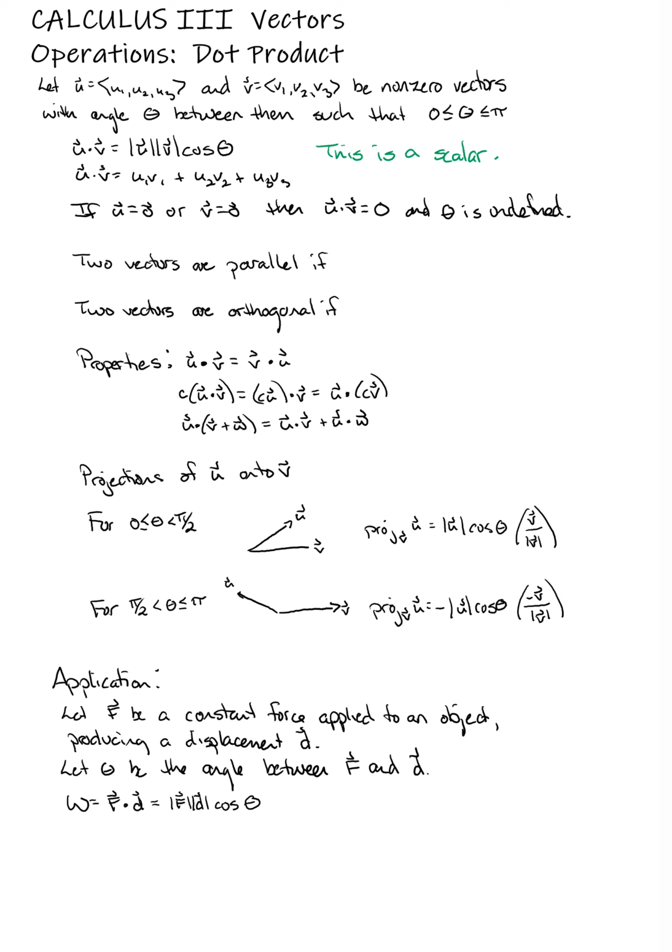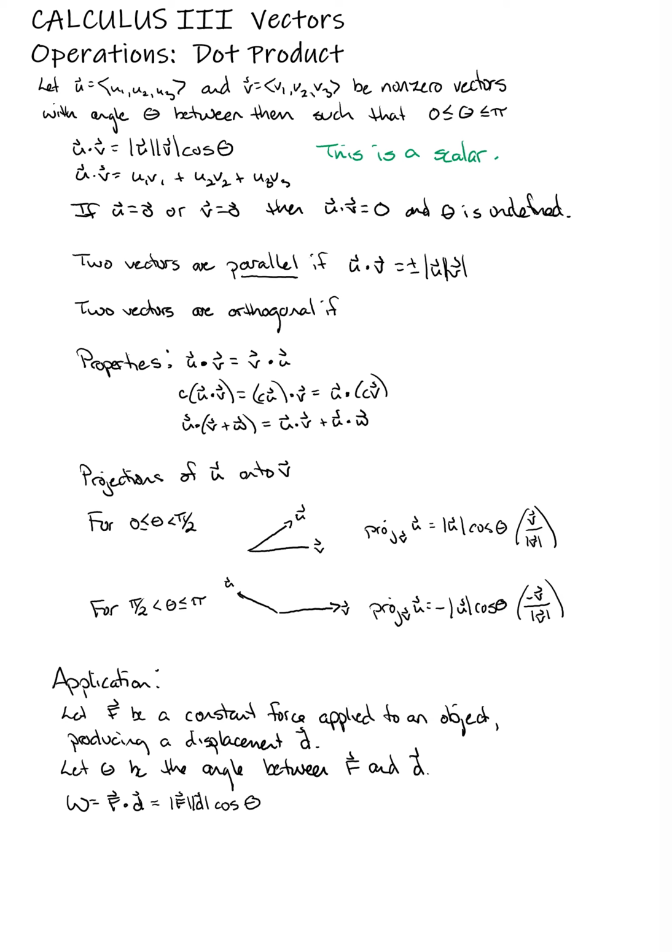We also know that two vectors are parallel if their dot product is equal to either a positive or a negative times the magnitude of the products of the two vectors, meaning the cosine of theta is equal to 1.